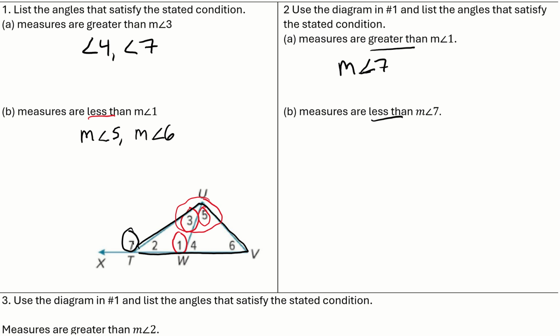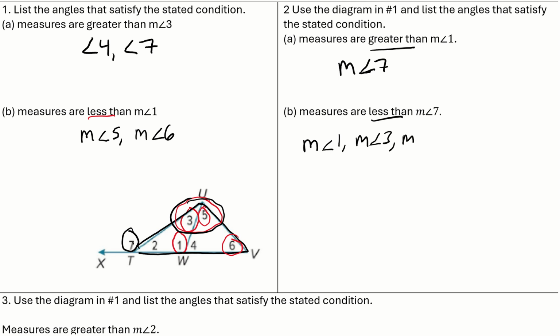Because it would be a combination of 3 and 5 as well as 6. Okay, 3 and 5 and then 6 make remote interior angles. And so we got these 4 angles, 1, 2, 3, 4, that are smaller than 7, in addition to the combination of 3 and 5.